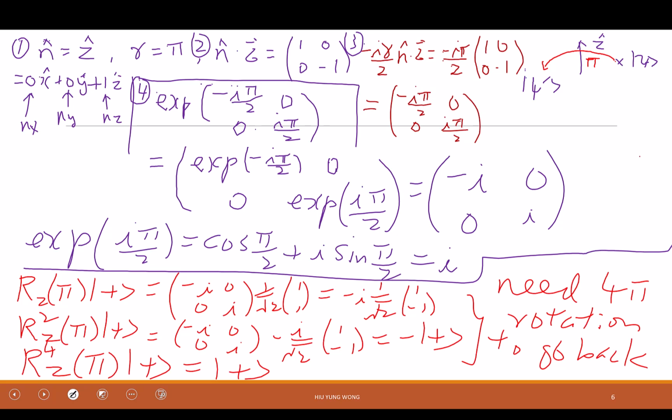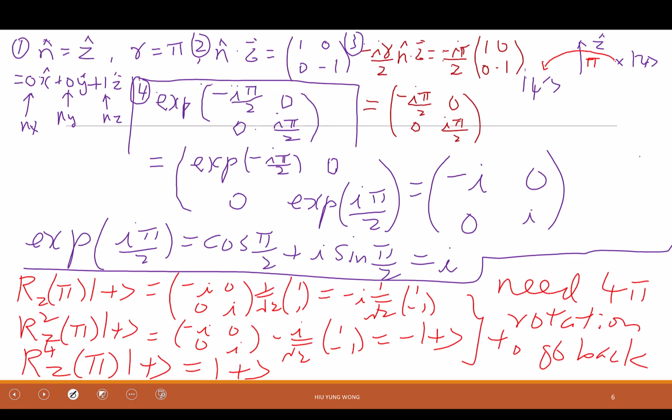And if I want to go back to my original state, I do need a 4 pi rotation of this cup in the real space. This is not that important in this class, but I want you to appreciate that a wave function on this Bloch sphere needs to rotate 4 pi in order to go back to its original state.